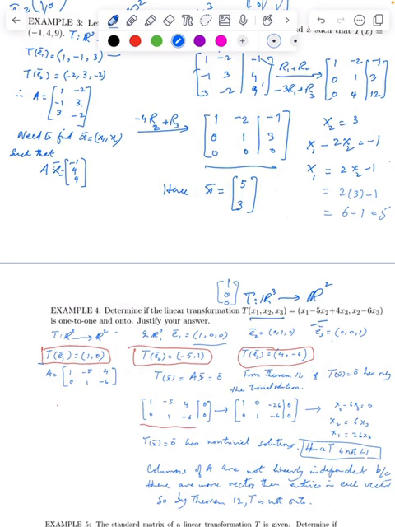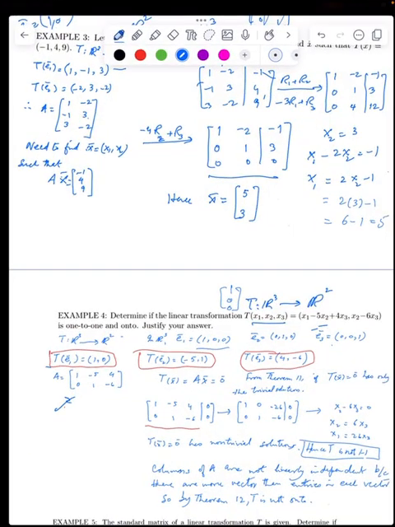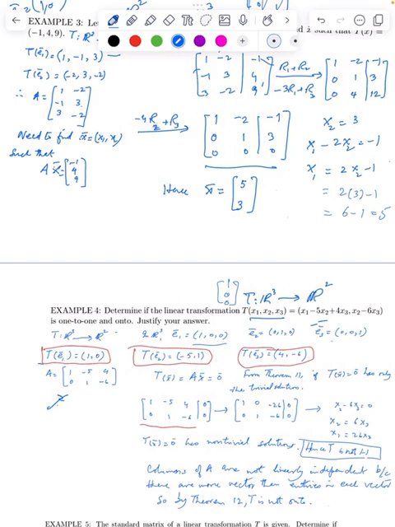It means we will have 3 base vectors which we convert to 2 component vectors. T(e1) gives me (1, 0), T(e2) gives me (-5, 1), and T(e3) gives me (4, -6). I put them in as columns of matrix, and this is my matrix A.